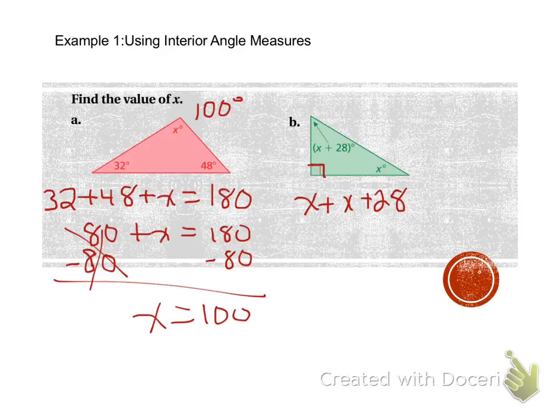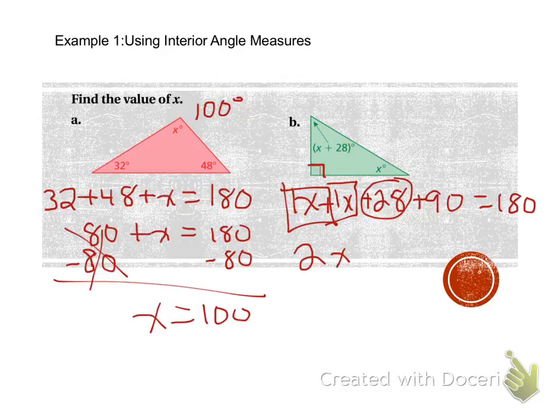And then, like I said, that means it's a right angle, which is 90 degrees. And remember, that's going to add up to be 180. Now, we're going to do this just like we have to solve other equations. We're going to add our x's. Remember, if there's no coefficient, it's just a 1. So 1x plus 1x is going to give me 2x.